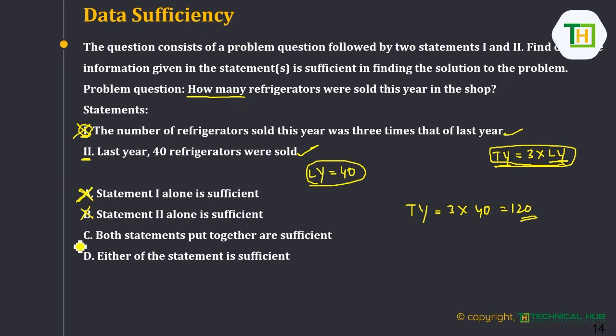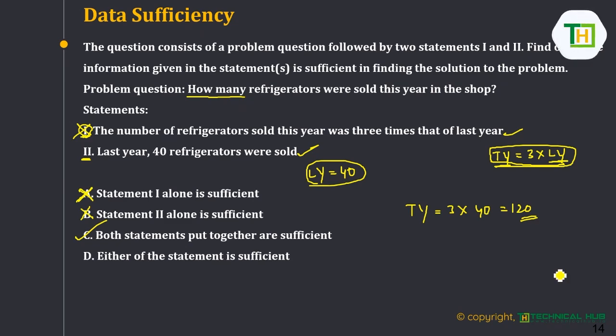That means both statements put together are sufficient to find the answer. Understand? I hope you got it. Both the statements put together are sufficient. Very good. Option 3.